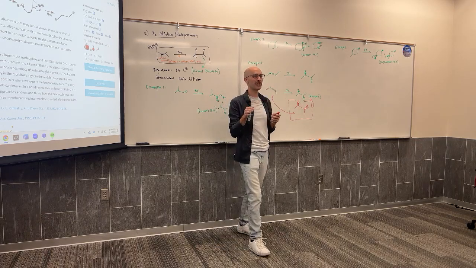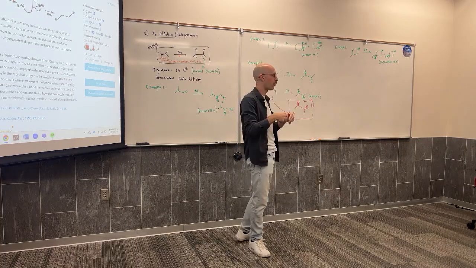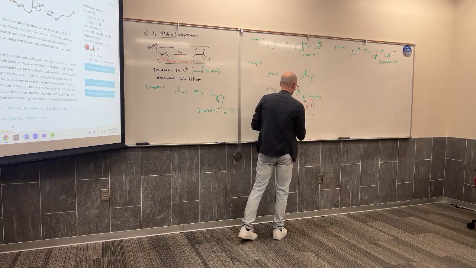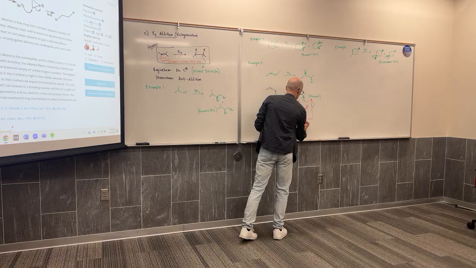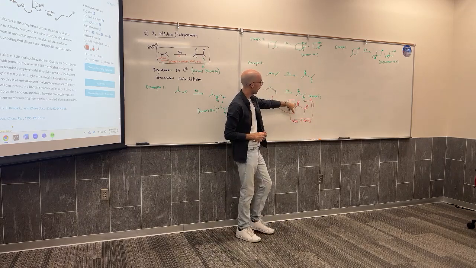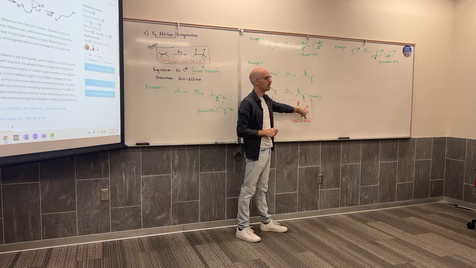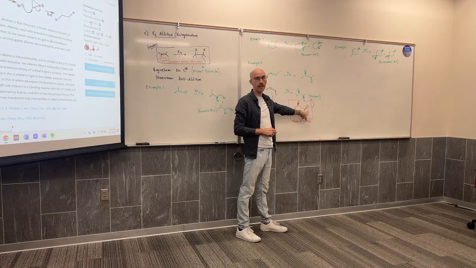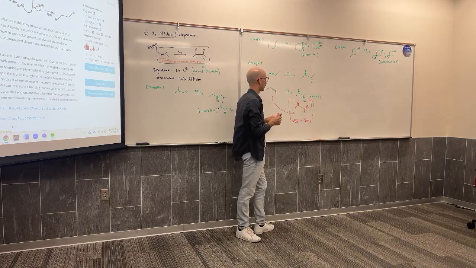Doesn't matter what it looks like, it matters what it forms like. This is how it forms. Now, the iodine on the left could have been dashed, and the iodine on the right could have been wedged. That's the other enantiomer.